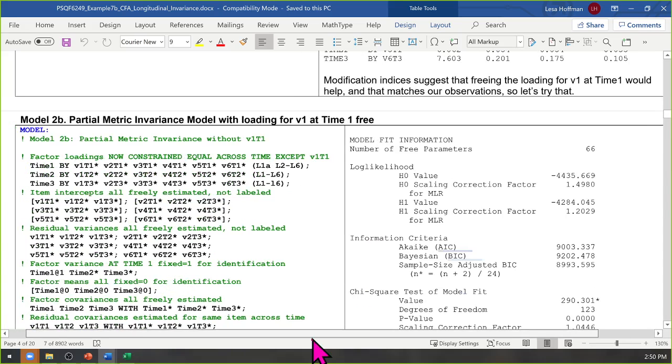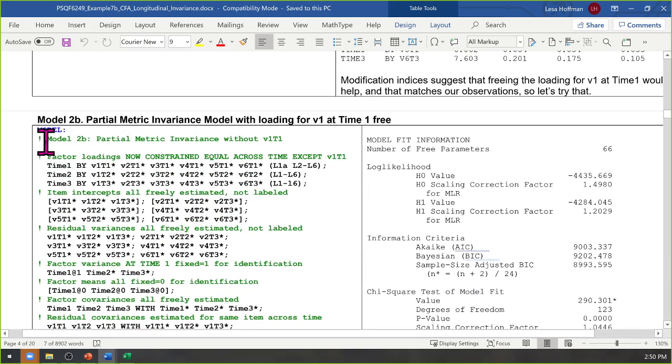So model 2B. Still at the metric stage, I have taken the first loading and put an A on it. Why A? Because I was already using numbers as an index, so I thought I'd add letters.